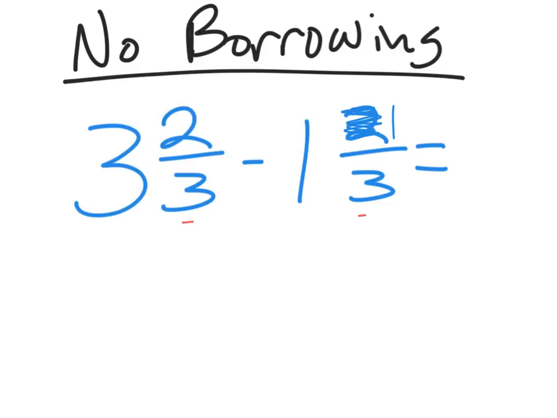Good. Now I look and see, is this numerator larger than this one? Yes, it is. So now I can go ahead and subtract the whole numbers. 3 minus 1 equals 2. The denominator stays 3. And 2 minus 1 is 1. My answer is 2 1/3. No borrowing. Okay? Let's try another one of these.